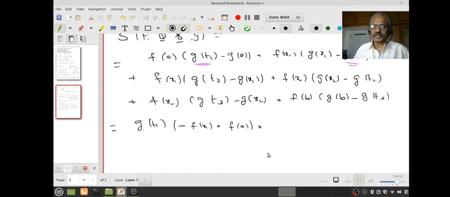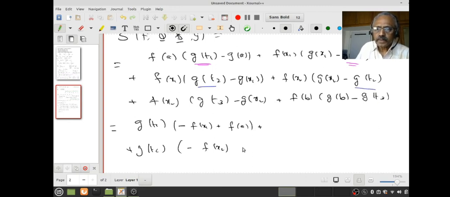Remember f of a g of a will still remain with a minus sign. Let's not worry about it. Now I have to look at the g of t2 term. So let us use a different color scheme. G of t2 comes here and g of t2 comes here. So what do I have? G of t2 times minus f of x2, plus f of x1.